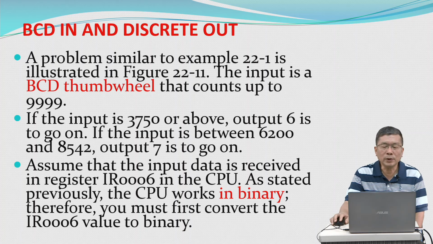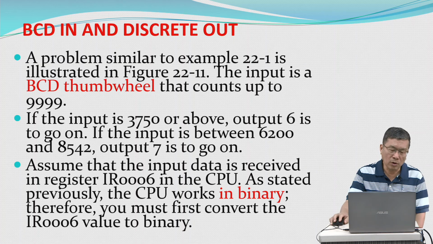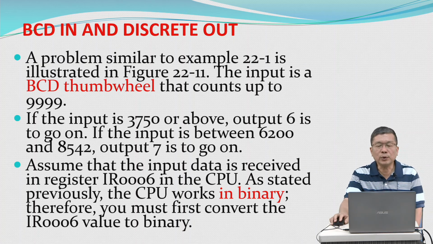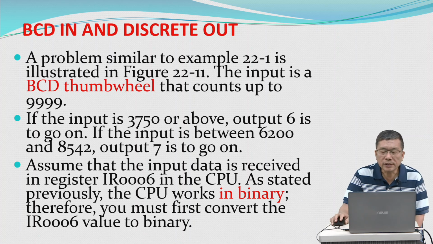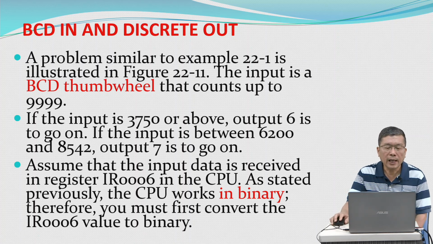If the input is 3,750 or above, output 6 is to go on. If the input is between 6,200 and 8,542, output 7 is to go on.